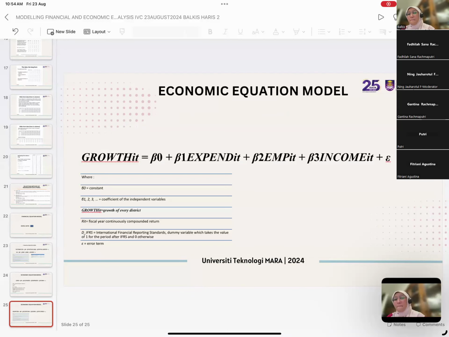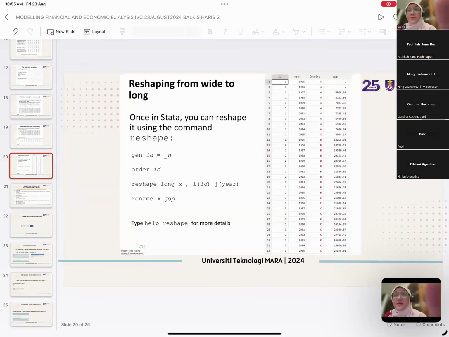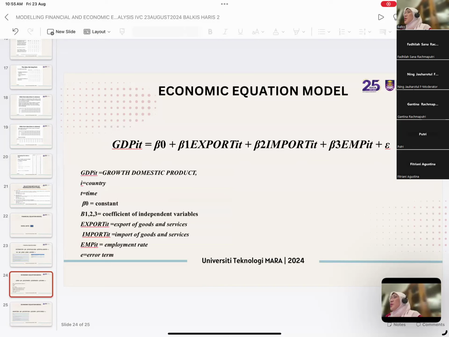We have to make sure that all the heterogeneity issues are none. Normally, for panel data, when we run either fixed effect, random effects, or OLS, we use robust in Stata.